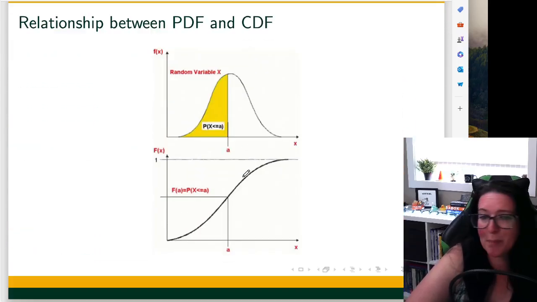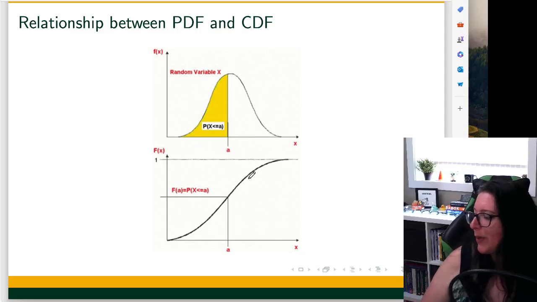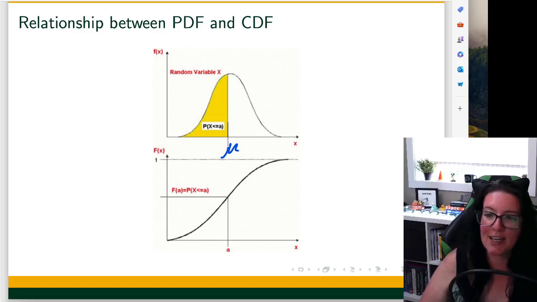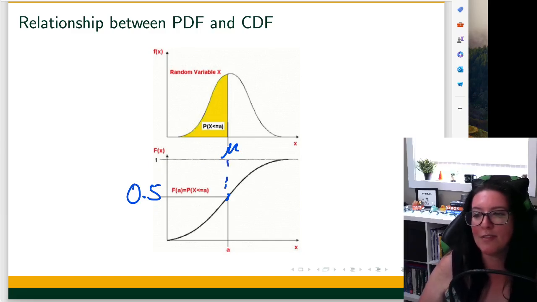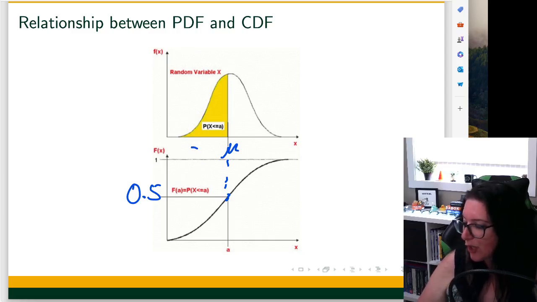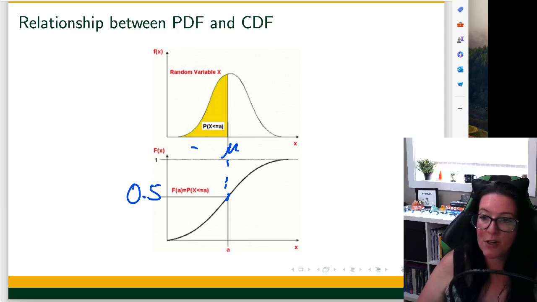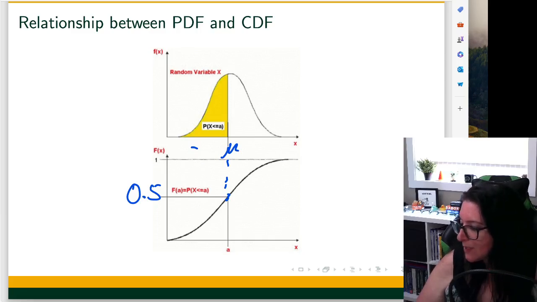So, the relationship between a PDF and a CDF. Here's our probability density function. Here we are at mu, and we see this region is shaded in. That shaded area is 50%, and so the value of the CDF at that same number is going to be 0.5. It's representing the amount of shading under the curve, because a cumulative distribution function says what percentage is below that number.